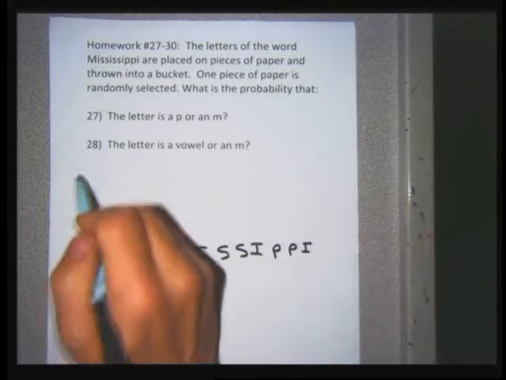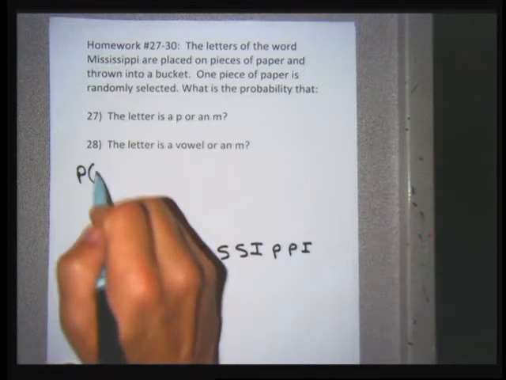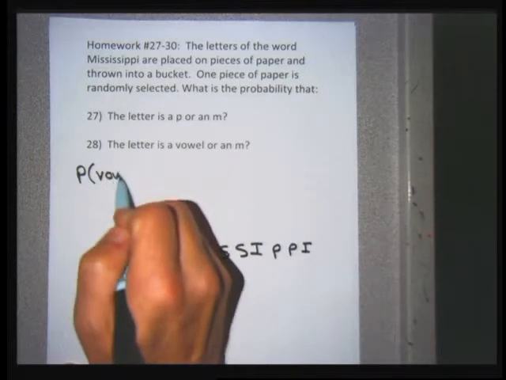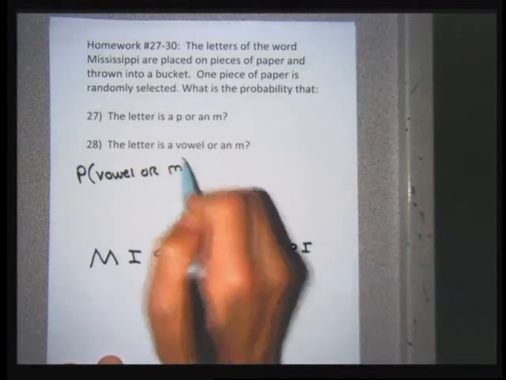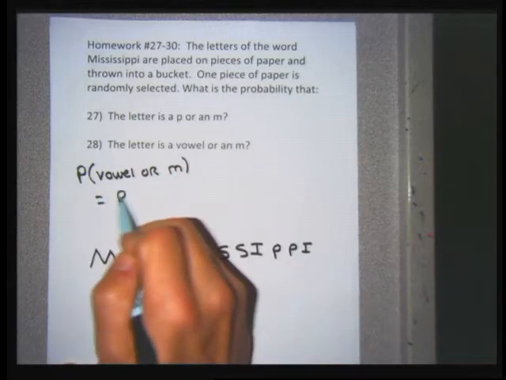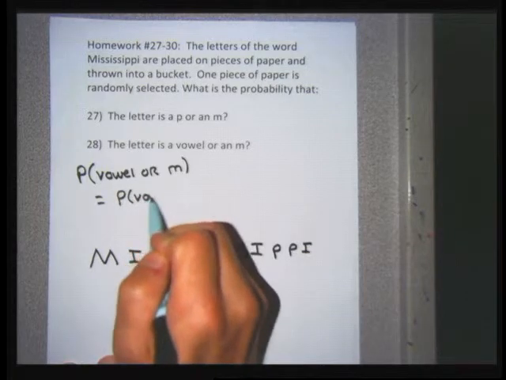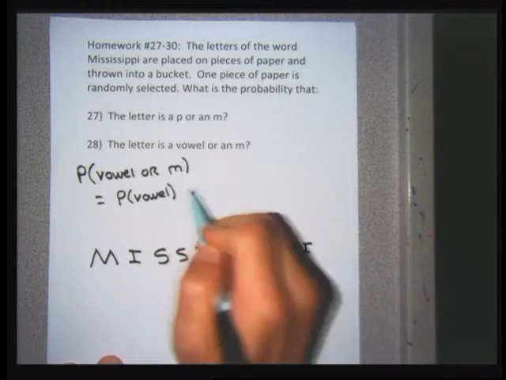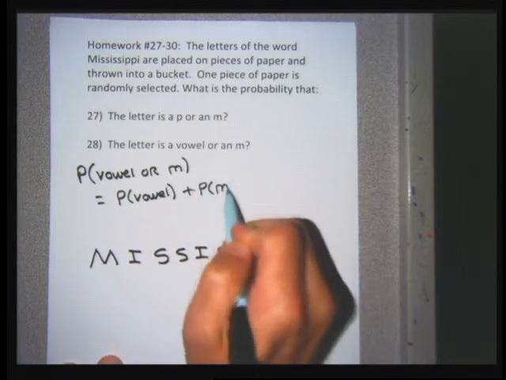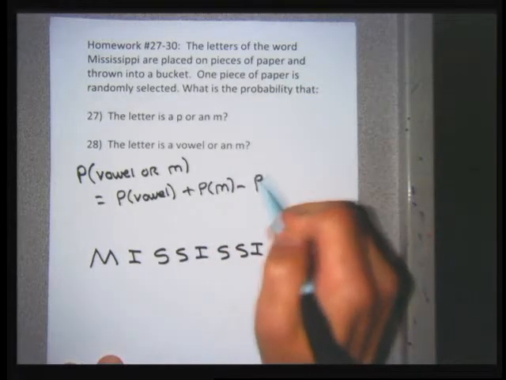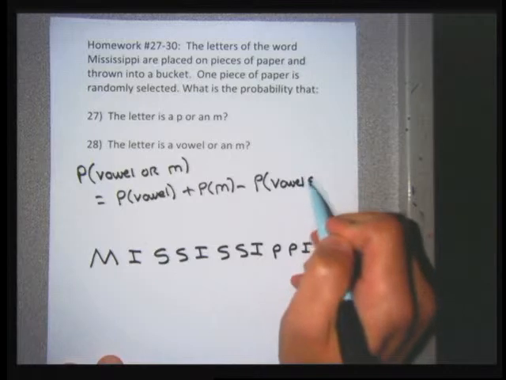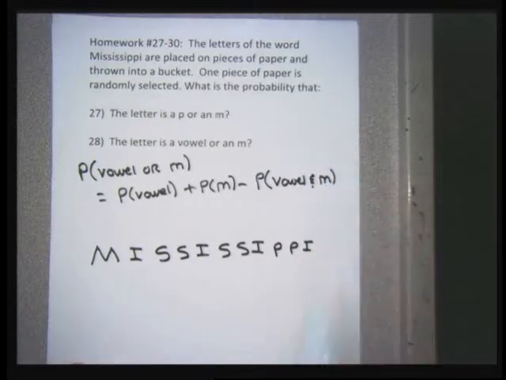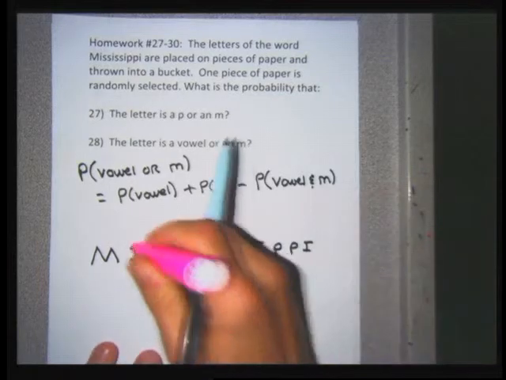So my 28, what is the probability that I get a vowel or the letter M? Well, that's going to equal the probability of getting a vowel plus the probability of getting an M less the probability of getting something that's both a vowel and an M. So first I'll do the vowels. The vowels are just the I's, I guess.